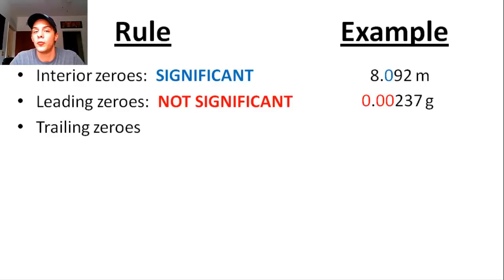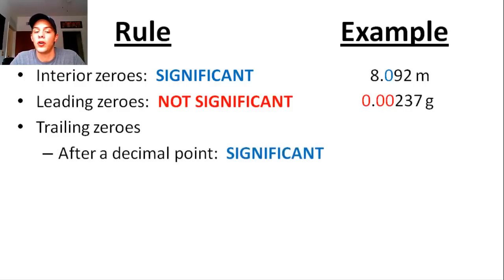And there's a couple of different rules associated with trailing zeros. First of all, if the trailing zeros occur after a decimal point, so to the right of a decimal point, they are significant. So for instance, in the number 4.00 degrees Celsius, these two zeros, they trail the last non-zero digit, but they occur after, to the right of the decimal point, therefore they are significant.